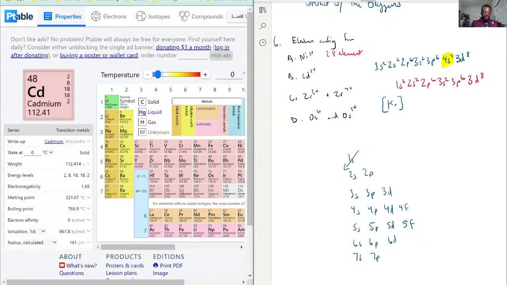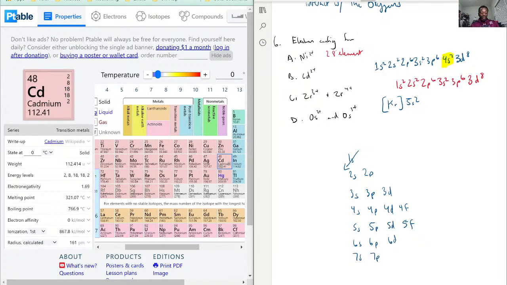So for cadmium, it's on the fifth row, so we have 5s2. But then to cross through the d orbital to get to cadmium, it'll be 3d10. Whoops, sorry, not 3d. It'll be 4d10 because you only subtract 1 from the row you're in. So that'll be it for now.